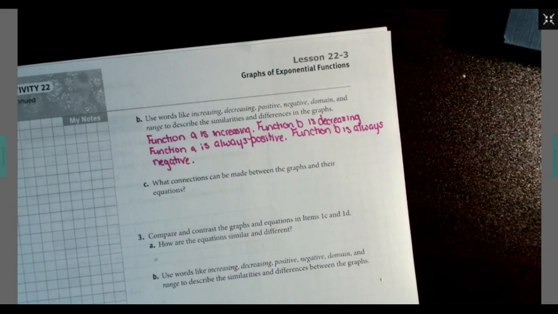Domain and range. The domain of both is all real numbers.